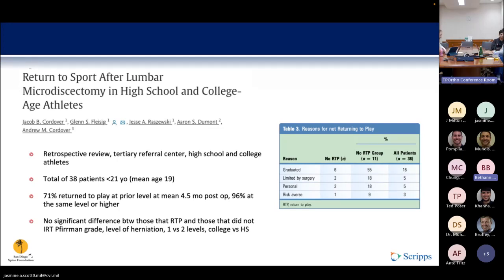It looked at high school and college kids, and there was no difference in return to play regardless of Pfirrmann grade, level of herniation, and whether they were playing at college versus high school. They had 71% return to play at the prior level within 5 months, and 96% at the same level or higher. So this was nice. I feel like it's reassuring that this surgery is helpful to athletes.